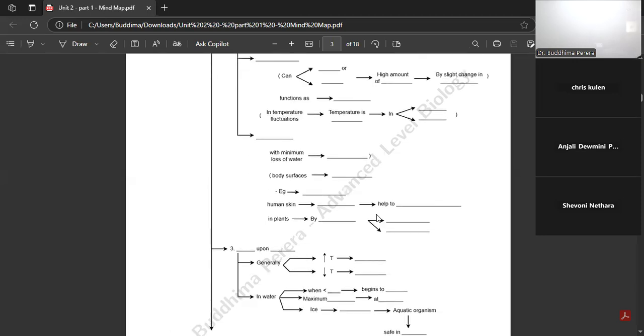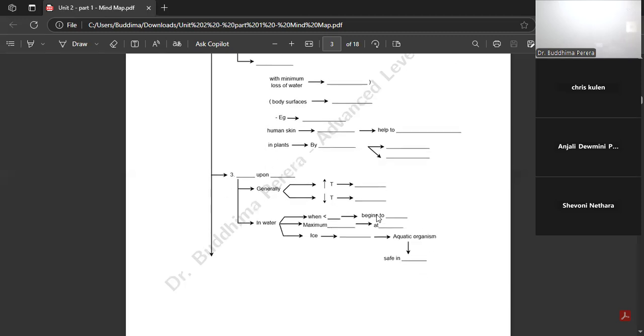Then the next one is high energy of vaporization. With minimum loss of water, it can release much heat energy. Body surfaces stay cool, preventing overheating of the body. In human skin, sweating helps to keep the body cool, and in plants, transpiration helps to keep the plant cool and prevent overheating by sunlight.